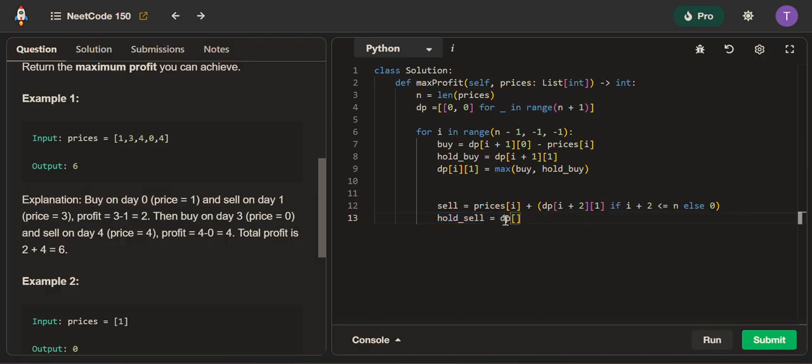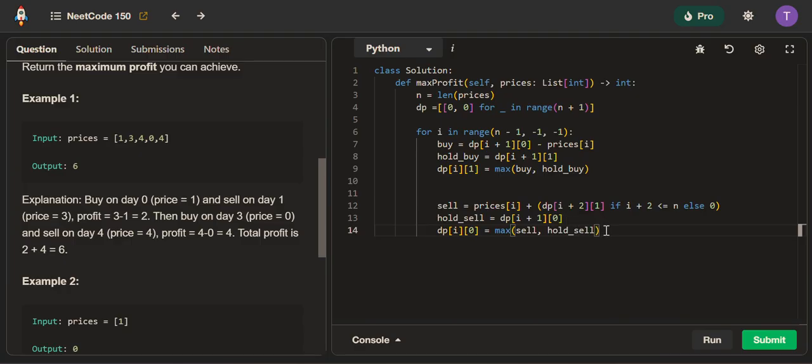So with that being said, the maximum profit we can make by selling a day later will be at the next row, so I plus 1, and it's going to be inside the column of selling. And also the DP at this index for the selling column is going to be equal to the maximum between either selling right now or holding.